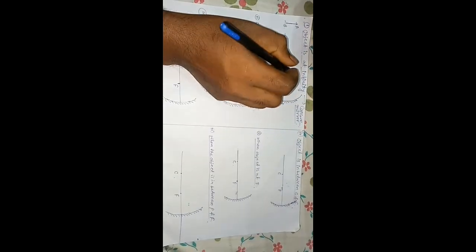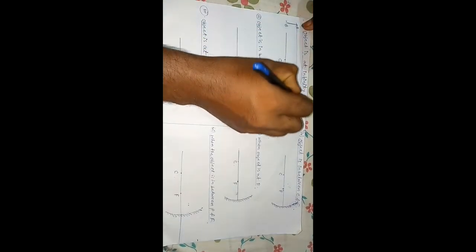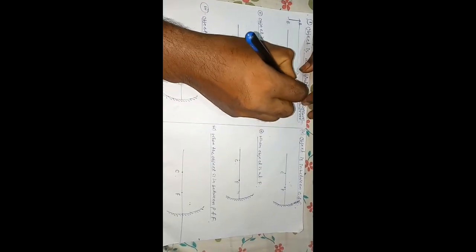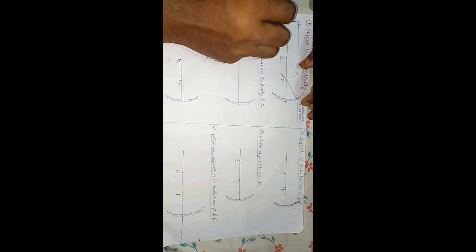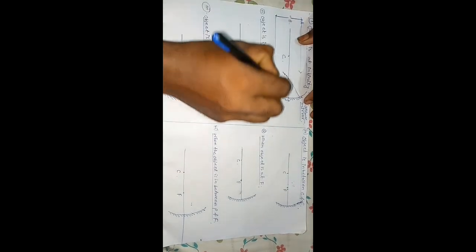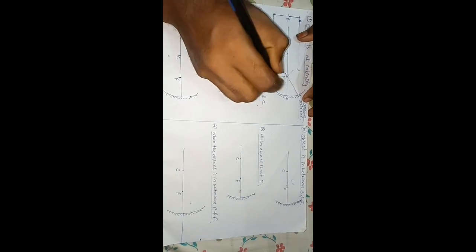Applying the first rule: when the incident ray is parallel to the principal axis, after reflection it will pass through the focus. Similarly, we can draw a ray from this side also. It will pass through the focus after reflection.